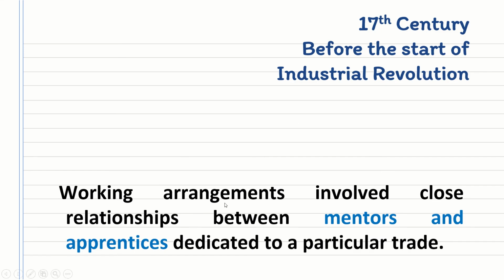So ang nangyari, the working arrangement involved a close relationship between mentors and apprentices, in which there are two persons. One is the mentor, yung expert for the task or for the job, and then the apprentice, or yung tinatawag natin sa layman's term na body-body or alalay, someone who can actually relieve the mentor in instances na wala si mentor.